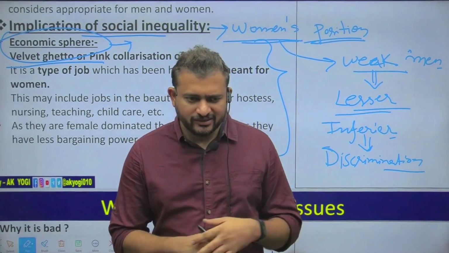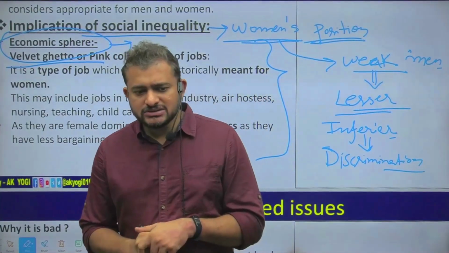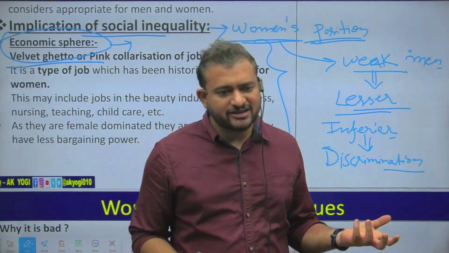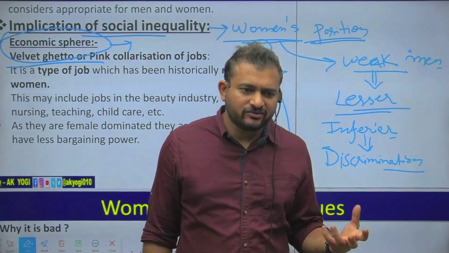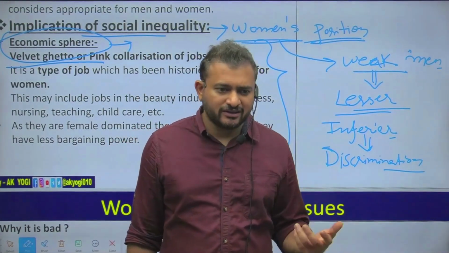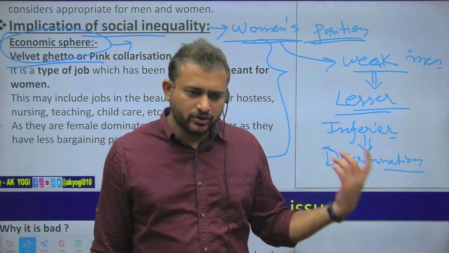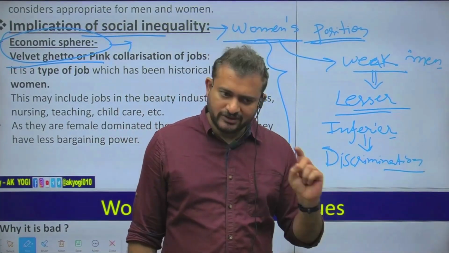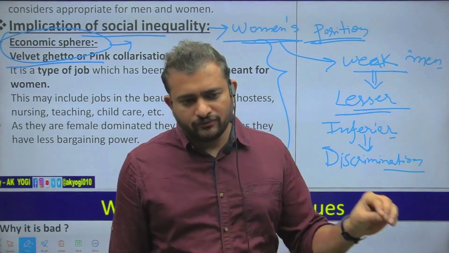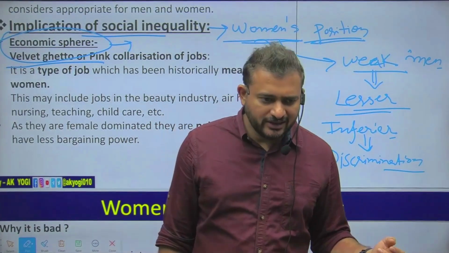Based on whatever we have discussed, they prefer certain work according to their conditioning: how society expects from them, and what kind of work their family allows them to do. So the first factor is societal expectation. According to that, females choose their career and whatever they want to do to earn a livelihood.